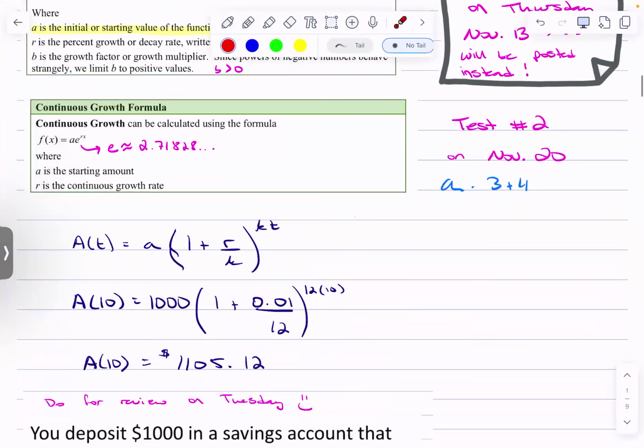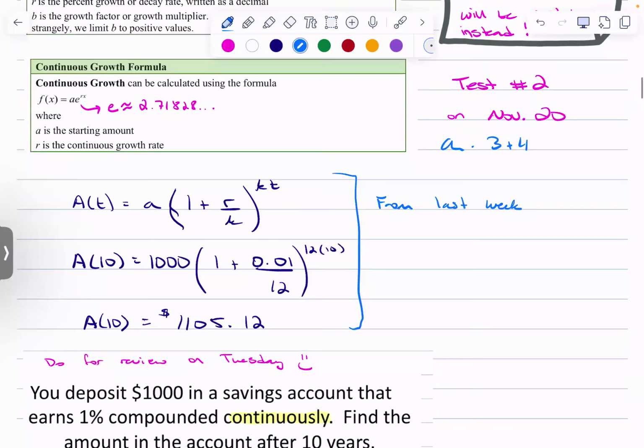We also introduced last week compound interest, which is from financial math, right?